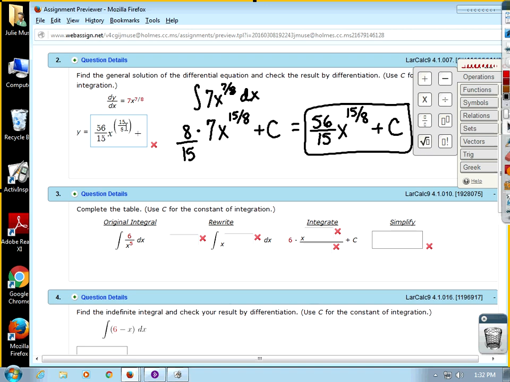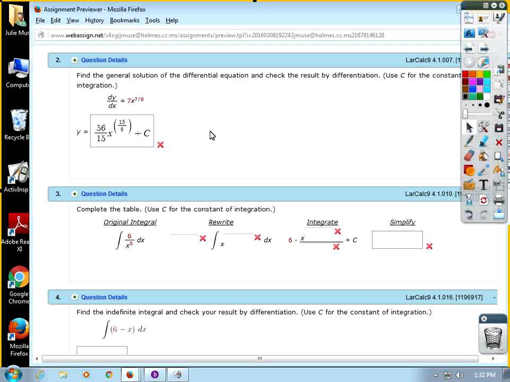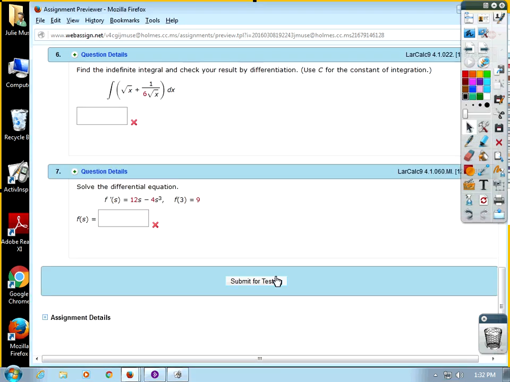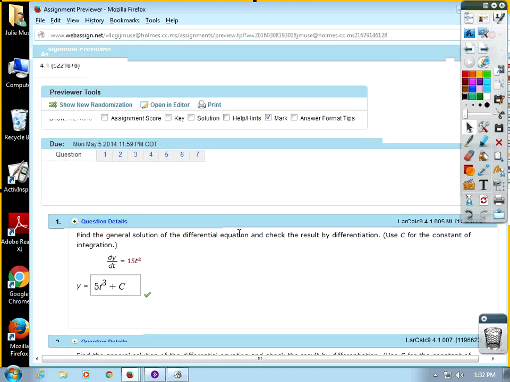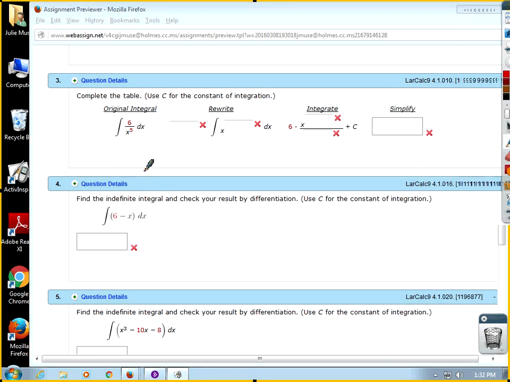Make sure that you always go down before you put that plus c. Otherwise, it's going to be up there in the exponent. Okay, so that's correct.